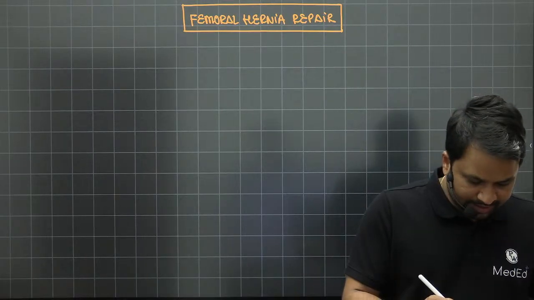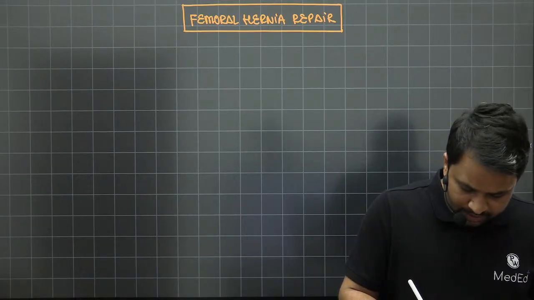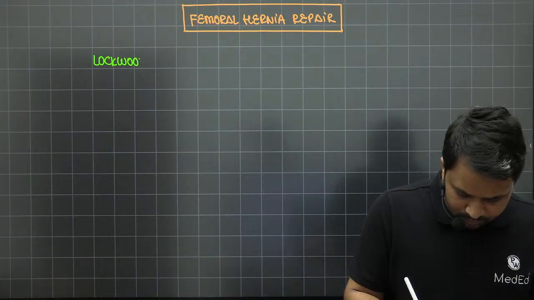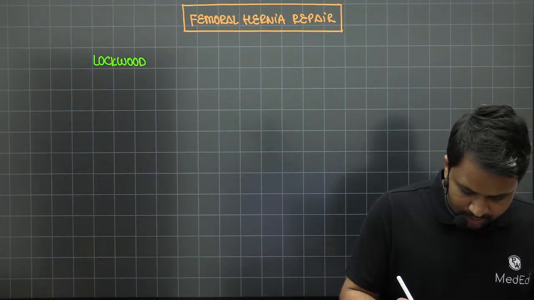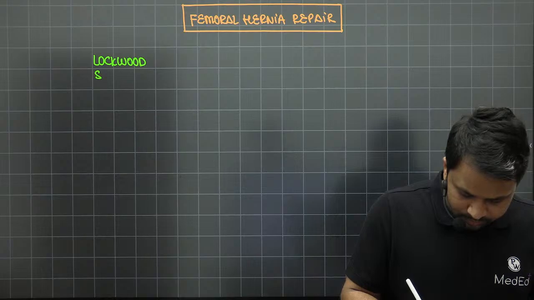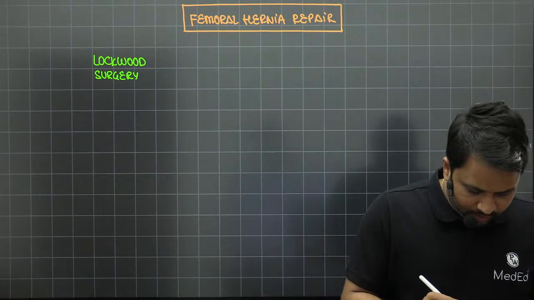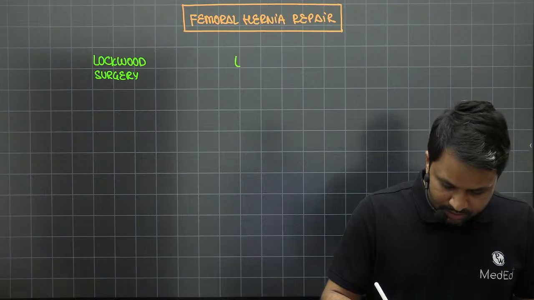The first technique is what we call the Lockwood surgery. The second one is what we call the Lotheissen surgery.